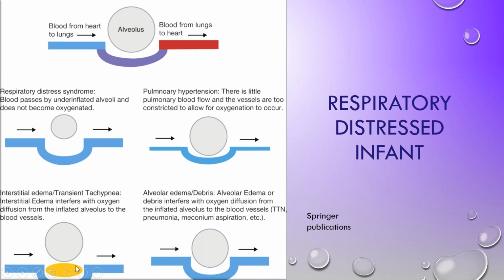If there's interstitial edema sitting here, once again, never the two shall meet because it will interfere with the oxygenation. Alveoli edema or debris, so some problem here. Once again, we are going to battle to get this expansion, and so the alveoli interferes with the oxygen gaseous exchange.